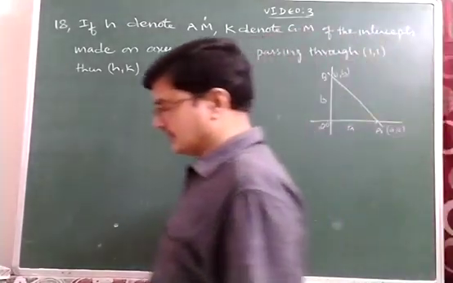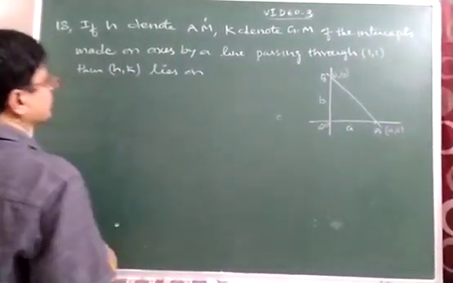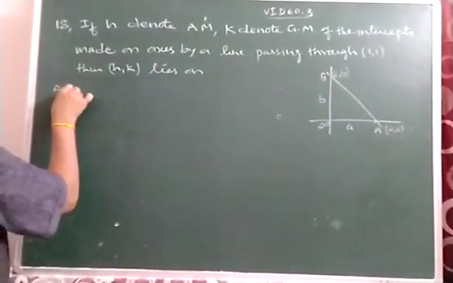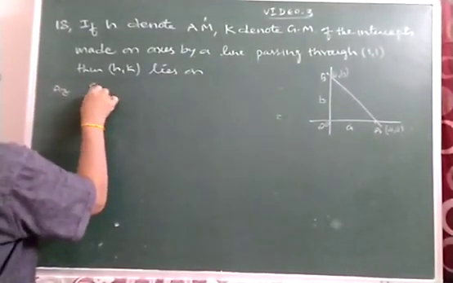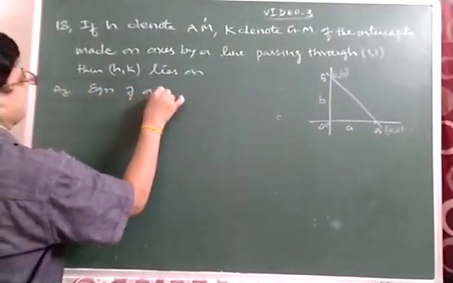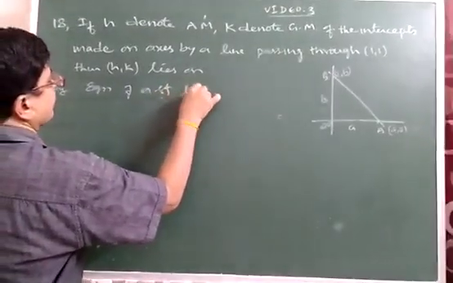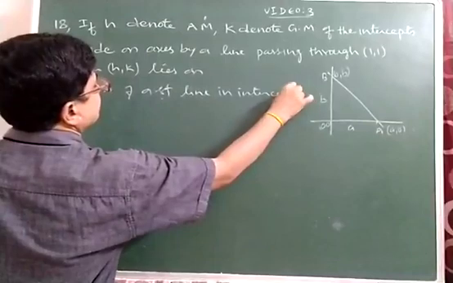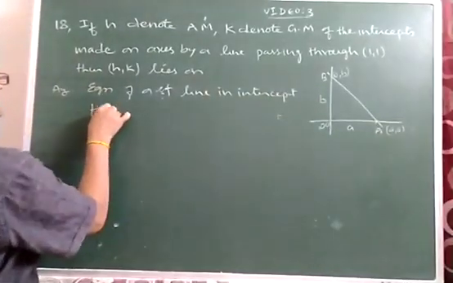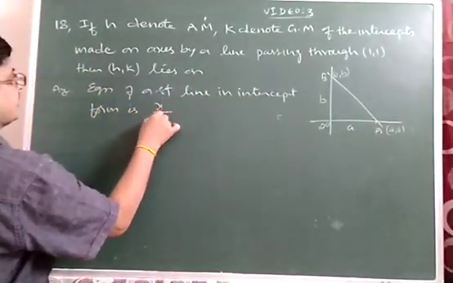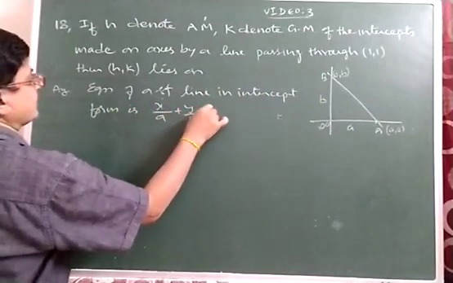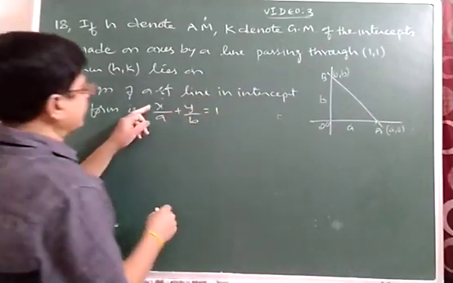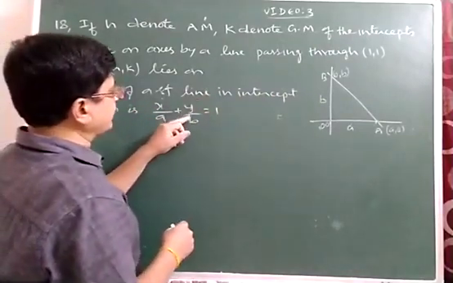Now we know that the equation of a straight line in intercept form is x by a plus y by b is equal to 1. So here the x intercept is a and the y intercept is b.